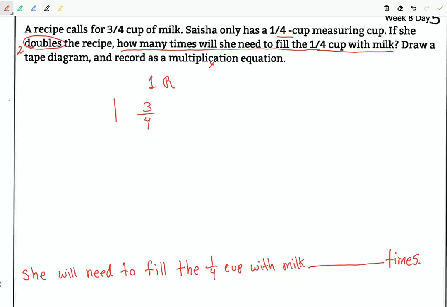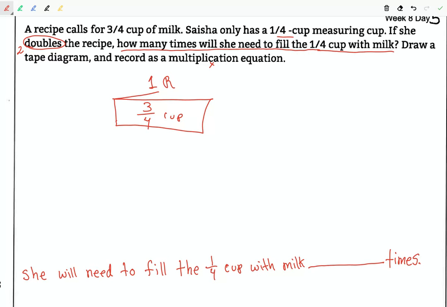So this is going to be 1 recipe. It's not 3/4, it's not representing 1 whole. It's just a box to say this would be 1 recipe. For 1 recipe, I would need 3/4 cup of milk. But then she's doubling the recipe.